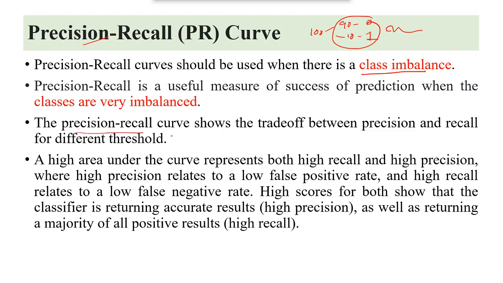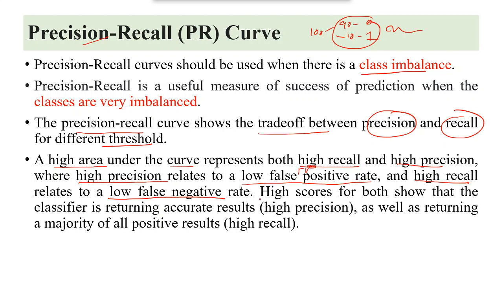This curve shows the trade-off between precision and recall for different thresholds. A high area under the curve represents both high recall and high precision, where high precision relates to a low false positive rate, and high recall relates to a low false negative rate.